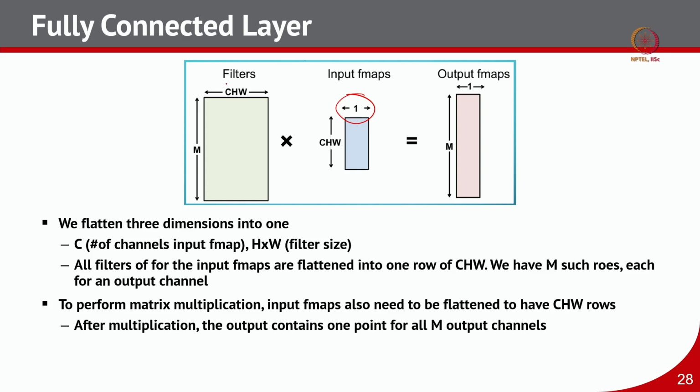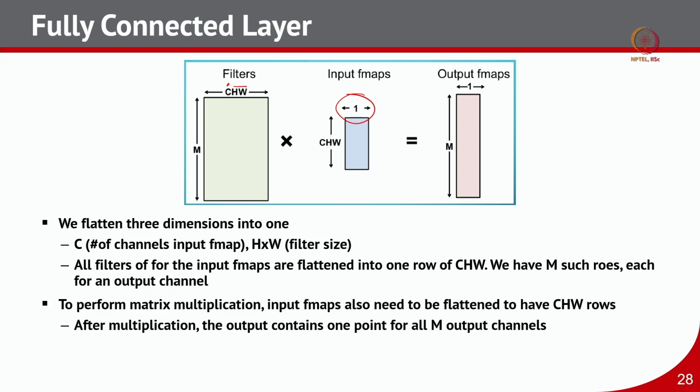This C is the number of channels in the input feature map, and H and W are the height and width of the filter. So, if you remember, for the regular convolutional operation also we just flattened into the CHW by M dimension of the filter, right. So, all filters for the input feature maps are flattened into one row of CHW. Now, we have M such rows, right.